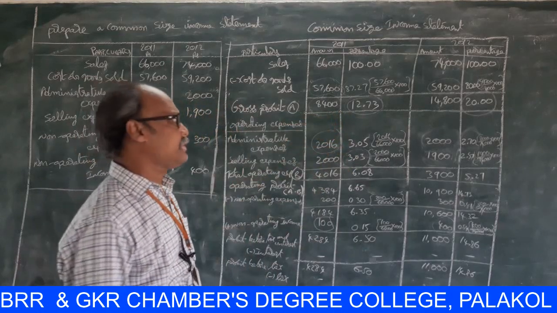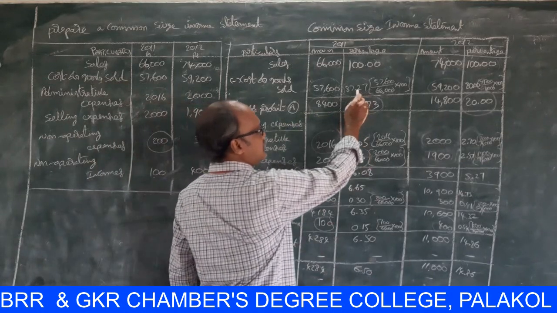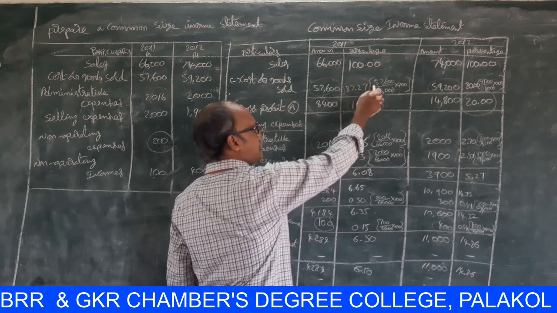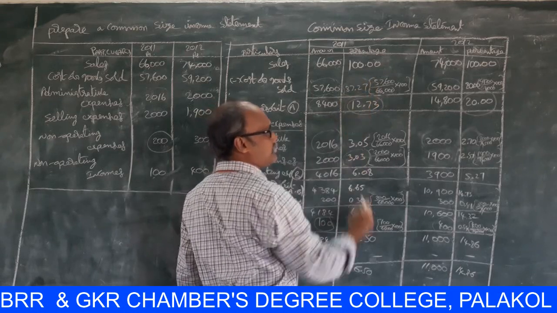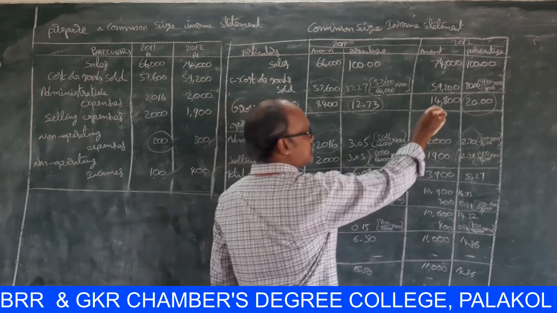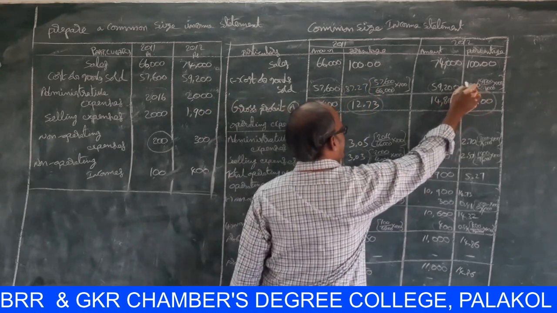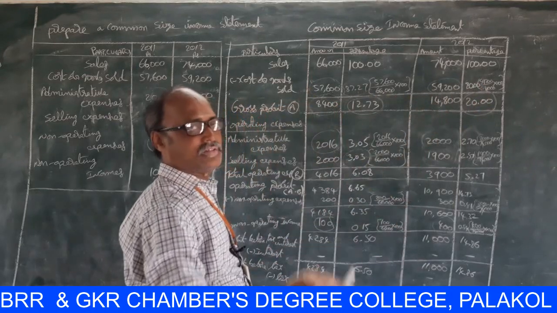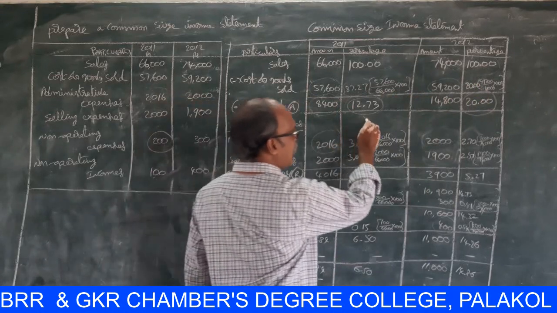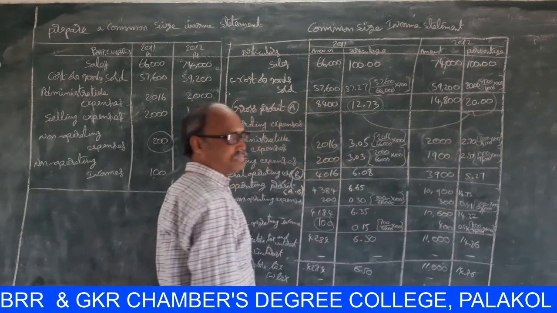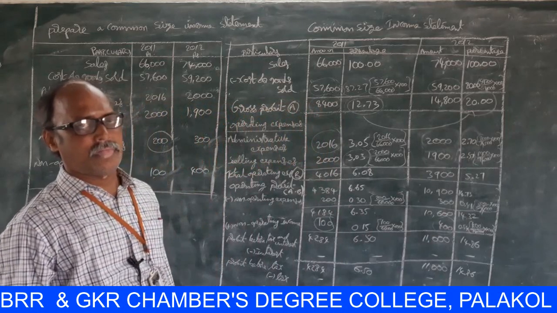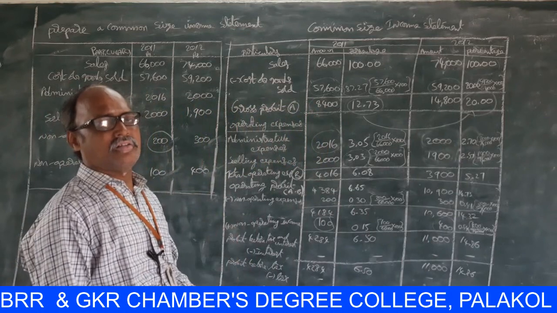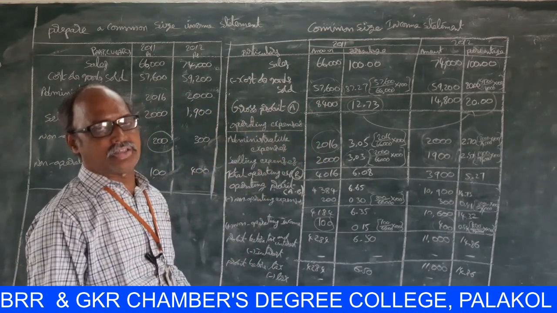And also one more important thing, look at the board please. Here in the year 2011, the cost of goods sold percentage is 87.27%. But in the year 2012, the cost of goods sold percentage is 80%. That means the cost of goods sold percentage is decreased. That's why the gross profit ratio is increased. This is the most important thing. Whenever the cost of goods sold percentage increases, automatically the gross profit will decrease.